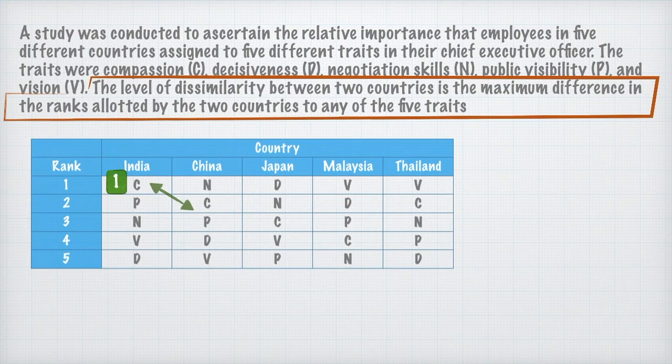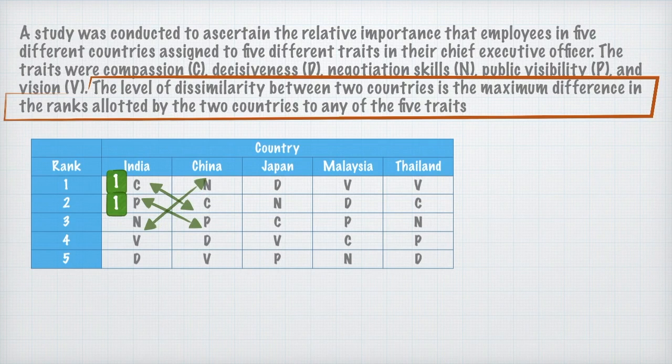But that is not the level of dissimilarity, because the level of dissimilarity, it says, is the maximum difference in any of the ranks. That means I'll have to look at all the ranks. Let me try that out. So if I look at P, I'll have to do it for all the traits. So if I look at trait P, again India has given it rank 2 and China has given it rank 3. So there is a difference of 1 between the ranks, right?